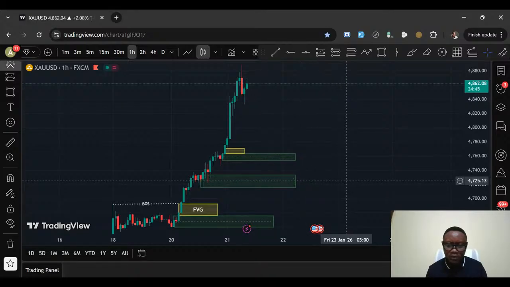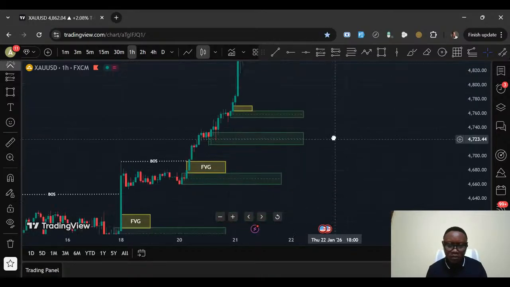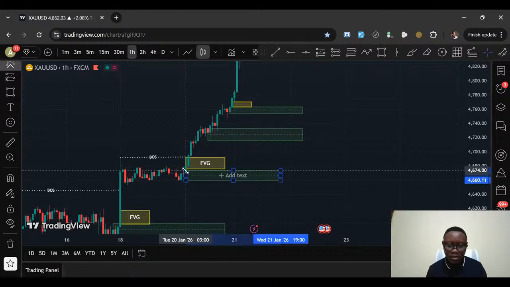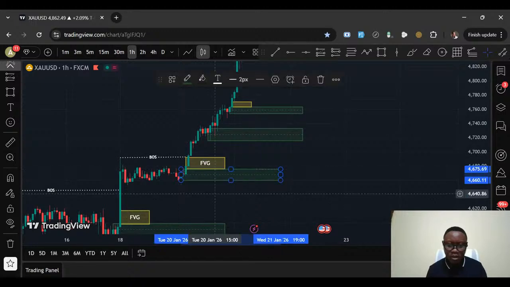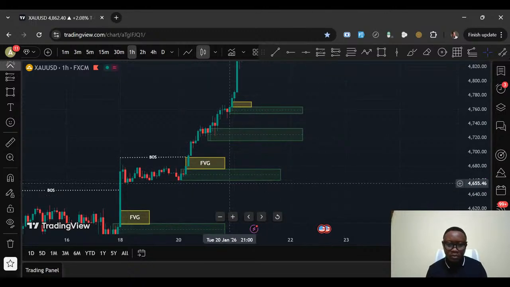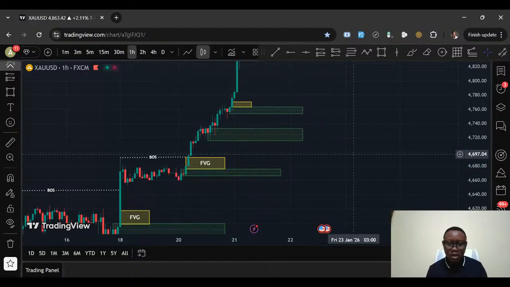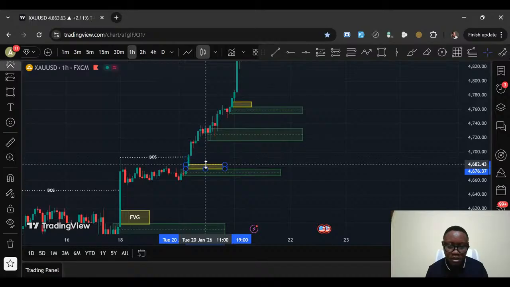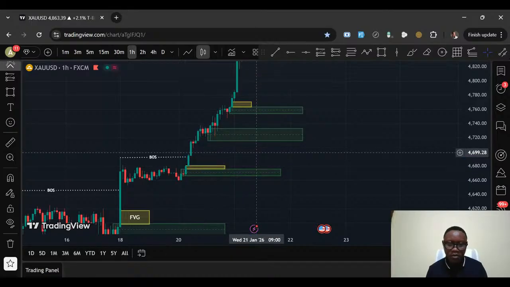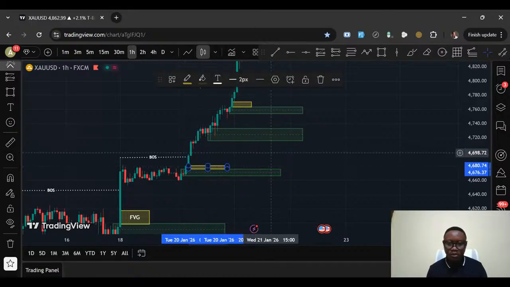All right, so we have this. So for this, we can refine this to this red candle here. To this one. Yes, good. Our FVG will be right here. Push it forward a little.